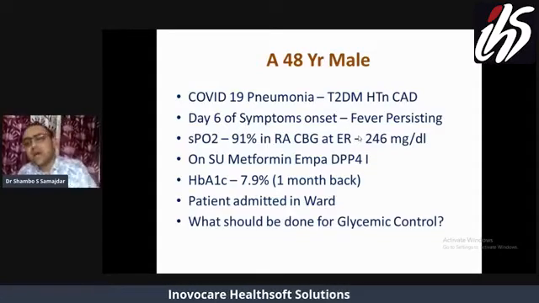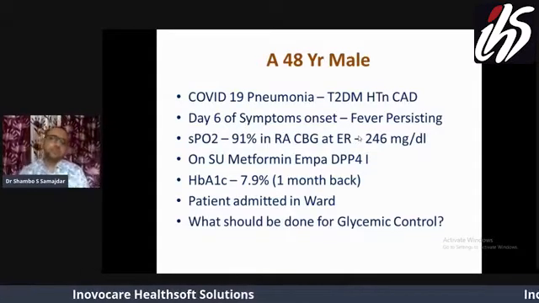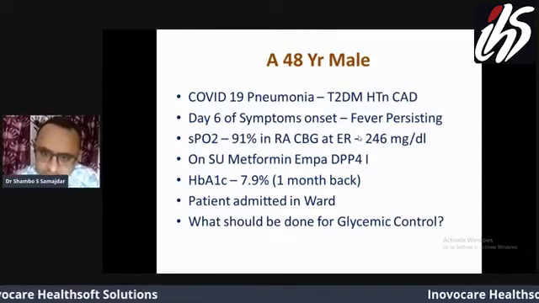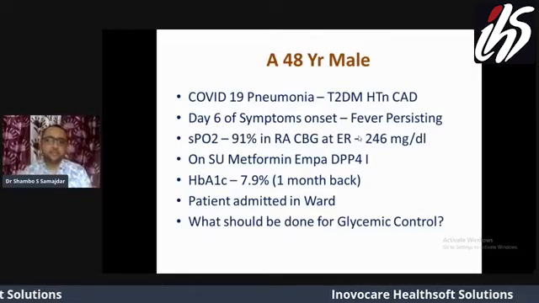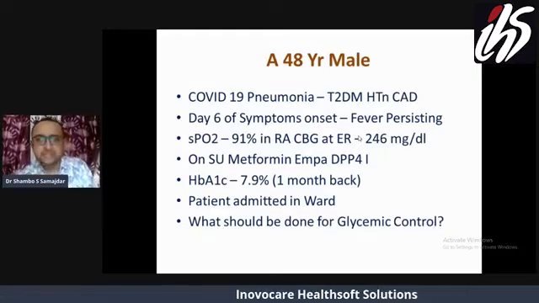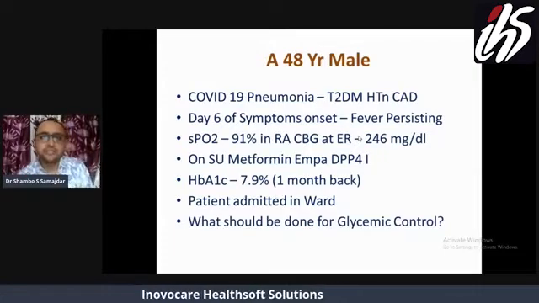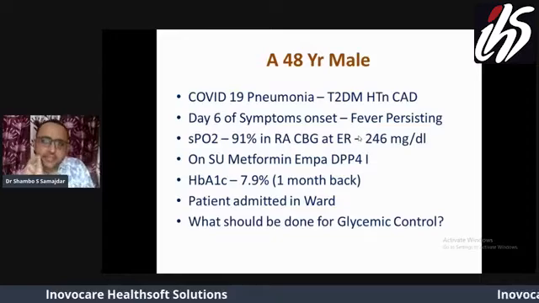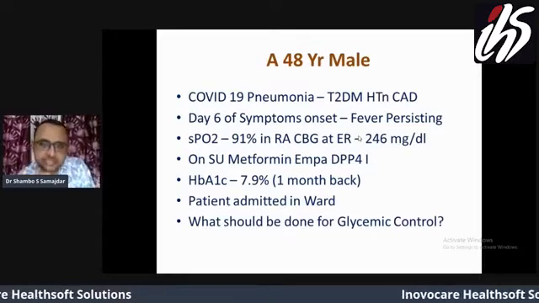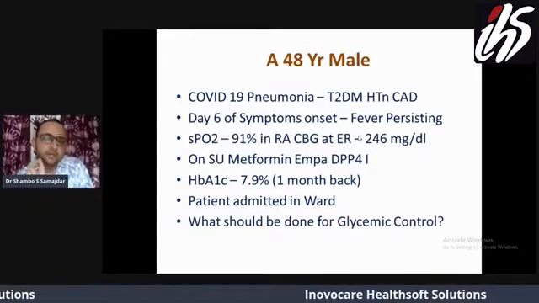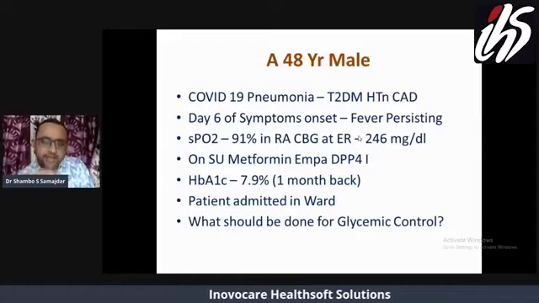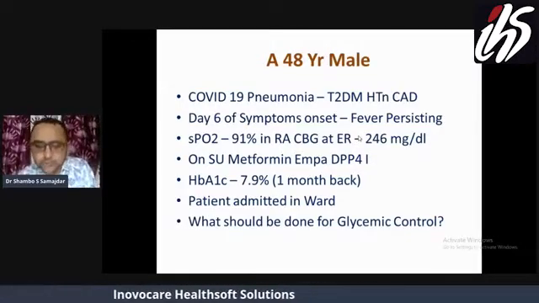Again, in this particular patient, we started basal bolus therapy, and as this patient also needs a glucocorticoid, dexamethasone, we need to give one corrective dose of insulin prior to giving dexamethasone.